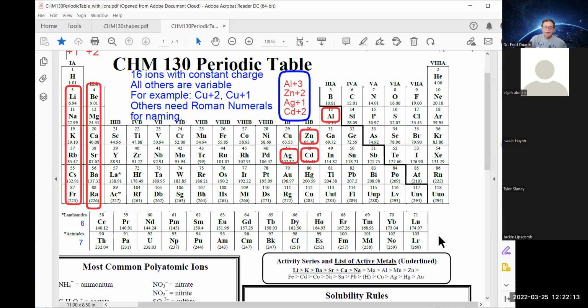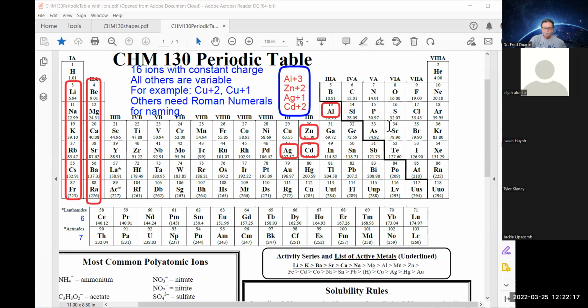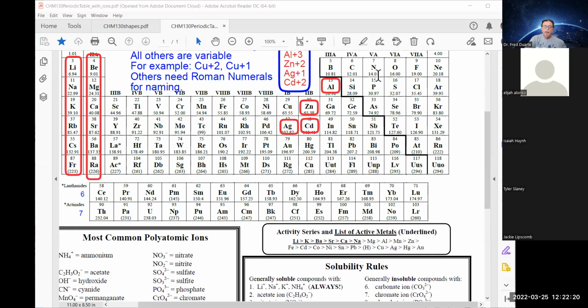All right, because if we go to the periodic table, right above the solubility rules, you will find what is labeled as an activity series, okay?